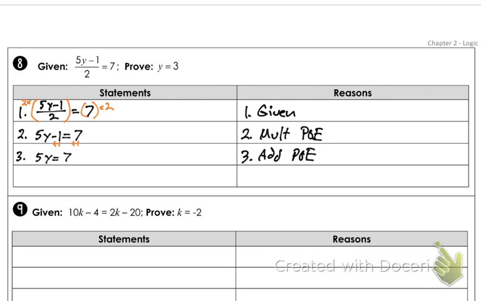Oh, equals 8. Okay, cool. I should have been able to catch that because I put the plus 1, but if you don't write this stuff, you're more likely to not catch it. And if you put a plus 1 on both sides, then you put 7, you're going to get more points than if you just go 5y equals 7, because then I don't know what you did. That's where it's nice to have those little intermediate steps.